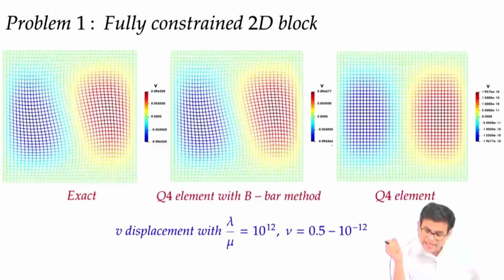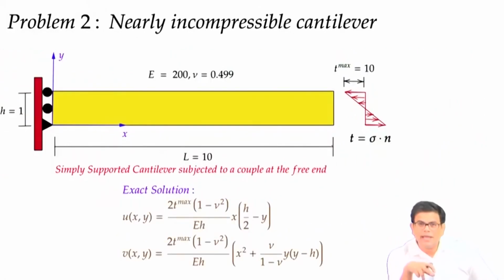Now in the next example, we consider the same cantilever beam but not a thin beam here. Here the H by L ratio is 0.1, that is, the L by H ratio is 10, with the same T max of 10, Young's modulus of 200, and Poisson's ratio, instead of the 0.3 I had taken initially for a plane stress problem, now 0.499.